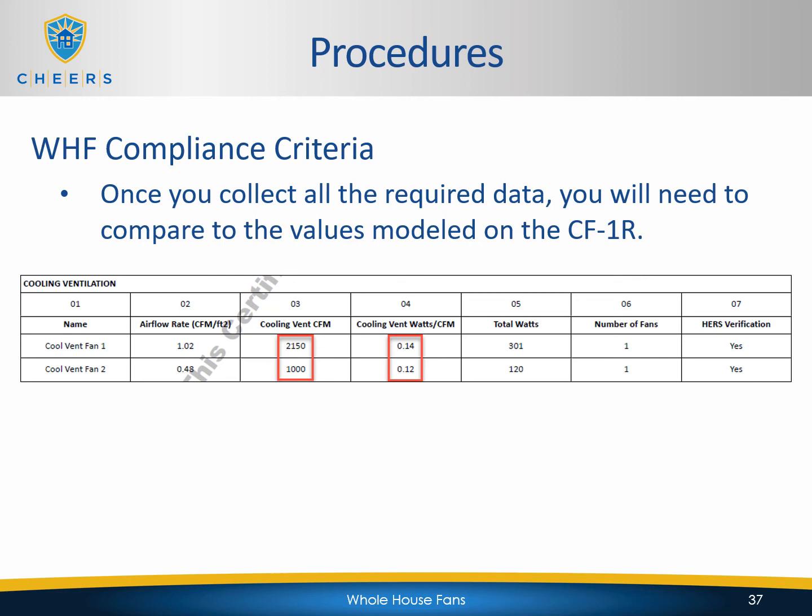Now when you fill this out on the CF3R, these values are all going to be calculated for you, so it might be handy to have that with you on your mobile device, so you can just enter your results right onto the form, and it'll do all those calculations and let you know if your test results are passing or failing.